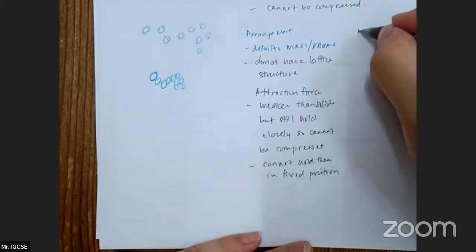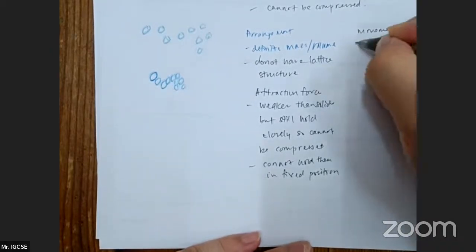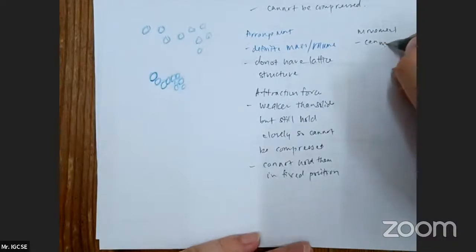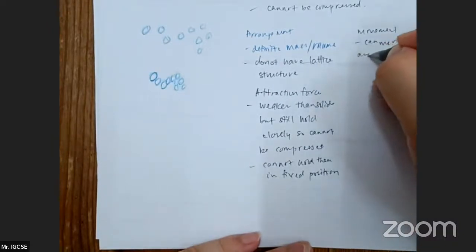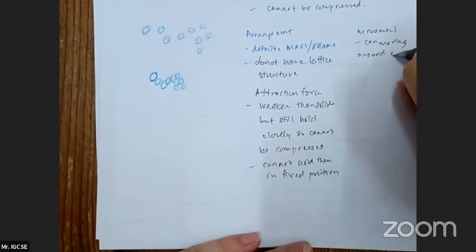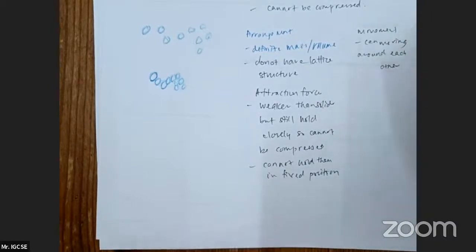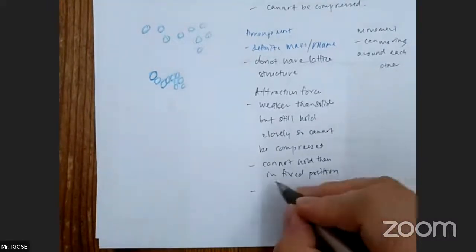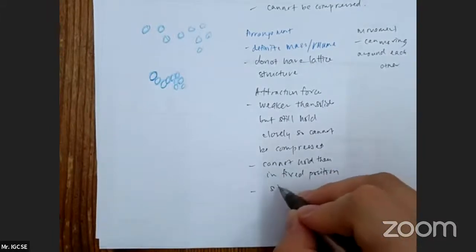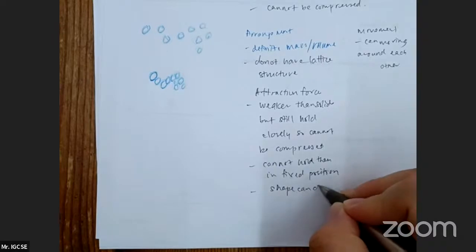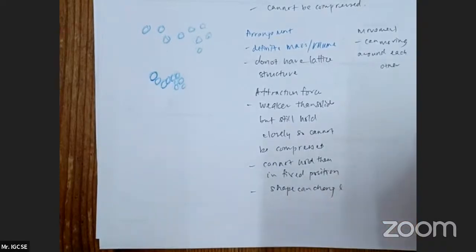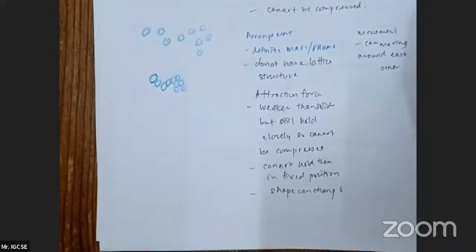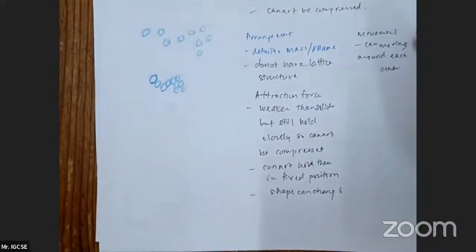So their movement is moving around each other. That means you can write that they can slide past each other. Not fixed position means that the shape can change and varies following the shape of the container.